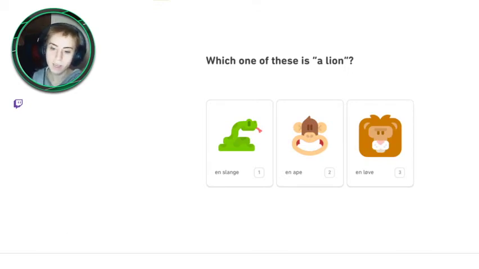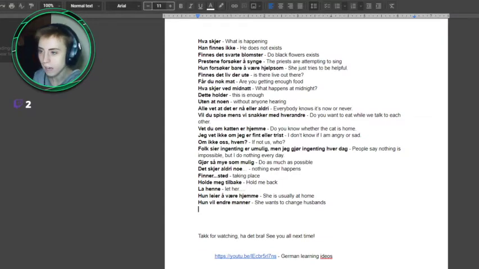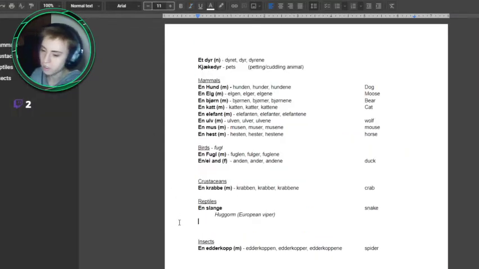Which one of these is a lion? En løve. I do not think there are any wild lions in Norway. In Minnesota, we do have once in a while mountain lions that will cross into the state. There's not really a breeding population here, but they're big cats.